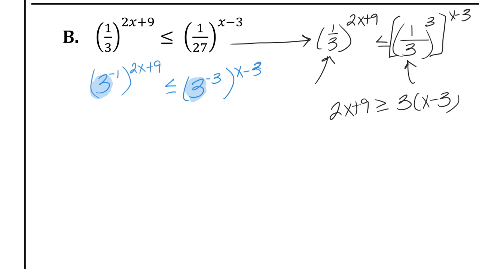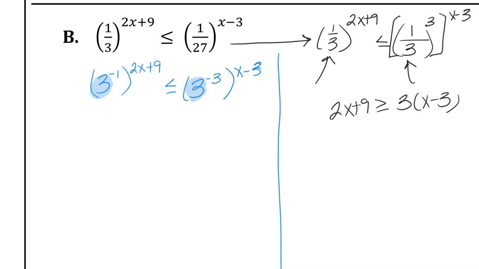Now, when we take a look at the back side of this, sometimes we don't have that option, and that's okay. But I do like to rewrite these so that my base is greater than 1. I don't have to think about, do I change the sign? Do I not change the sign? So when I'm looking at the one on the left-hand side, that's the one I'm going to go with.